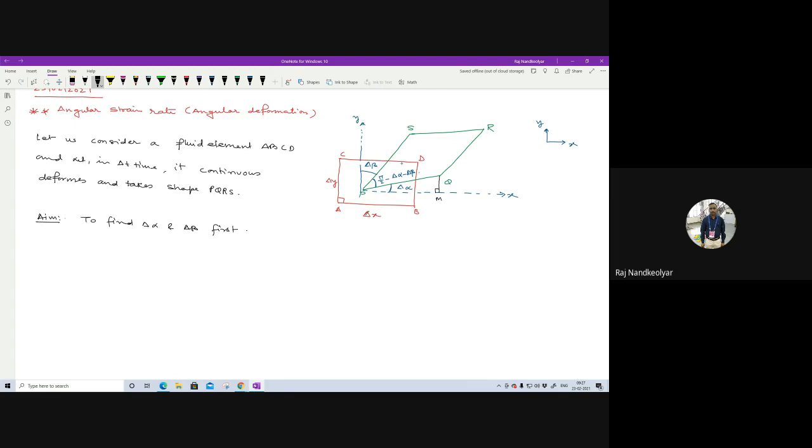But for that you need the value of QM and the value of PM. If you can find PM and QM, then you can find the value of delta alpha in this right angle triangle. Okay. So how can you find out QM? Can you tell me?